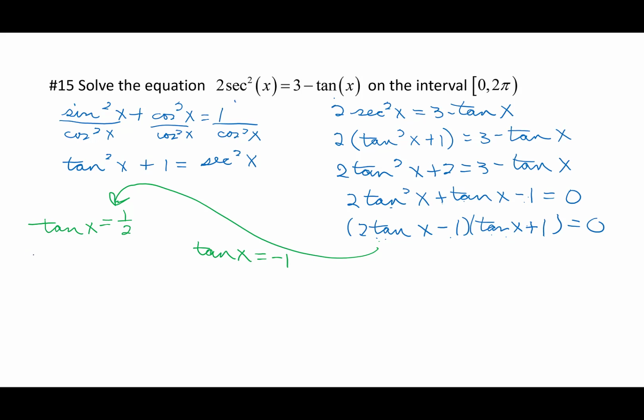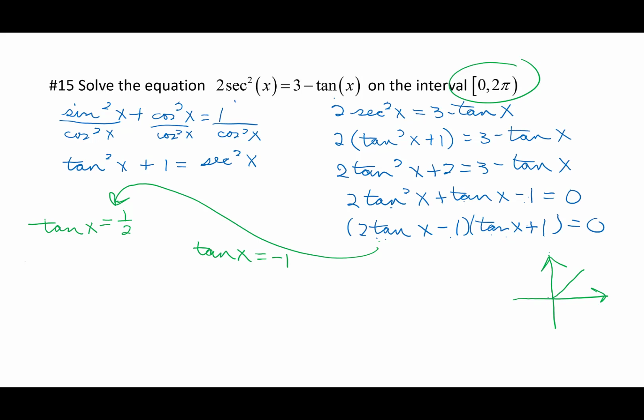So where is tangent x equal to 1/2? We're in the interval from 0 to 2 pi. Let's sketch a little picture here. The tangent is positive in quadrant 1, so some angle in quadrant 1 gives a tangent of 1/2. This isn't an angle that we know, right?